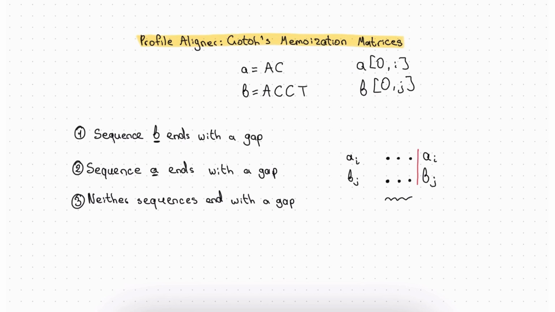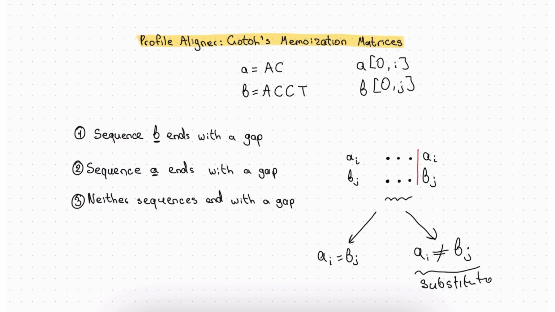Now, this instance can further be broken down into two cases. First, when the last elements are the same. Second, when the last elements are not the same. This is the case of substitution, where we have nucleotides that are different.